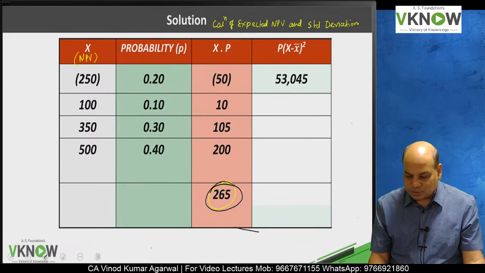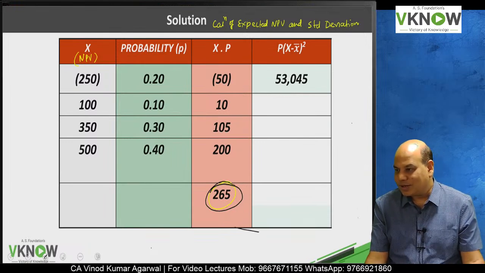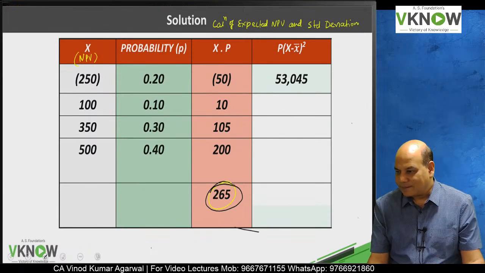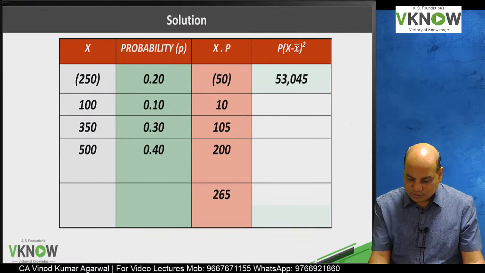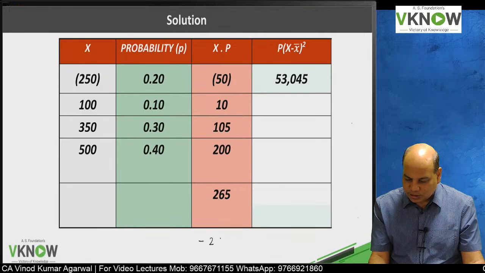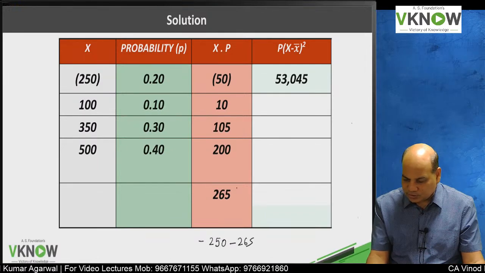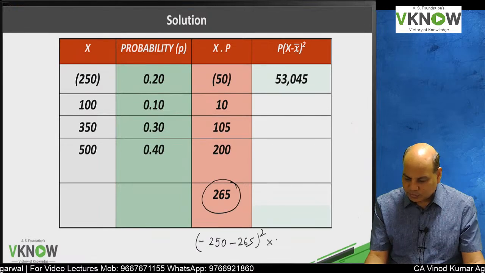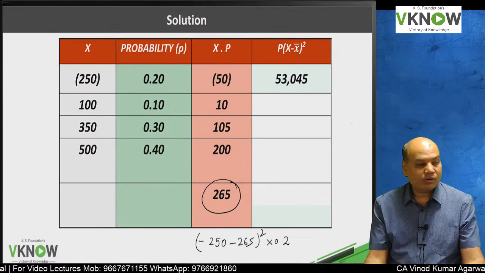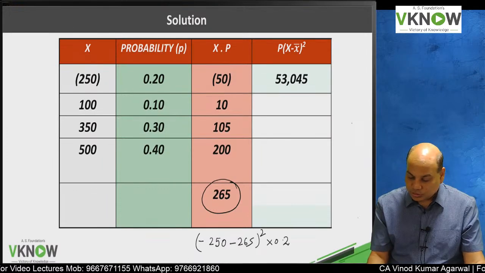Okay, now you compute p into x minus x bar square. How do I compute it? I will tell you one. First one is 250 minus 265, this is your x bar, take square into 0.2.